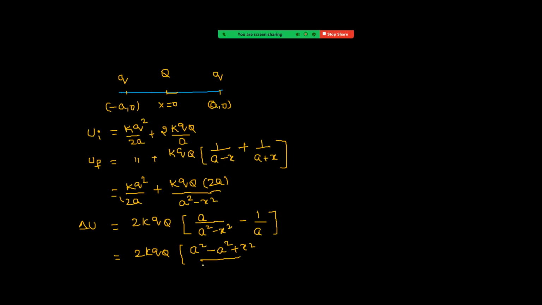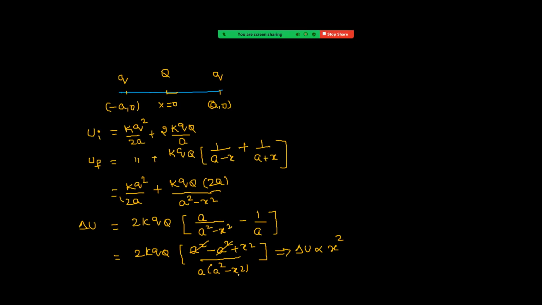a into a square minus x square, right? a square gets cancelled. If you observe, a is a constant. Since x is very small, we can neglect x square when compared to a square. So remains only here a square and a, right? That means here change delta U is proportional to x square.